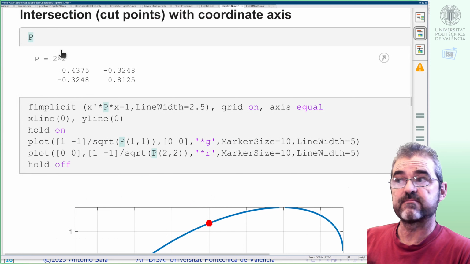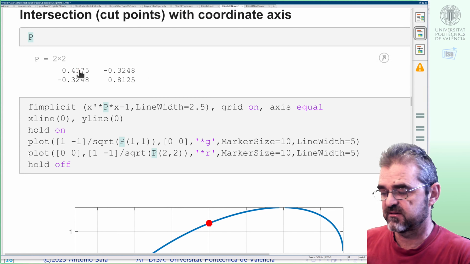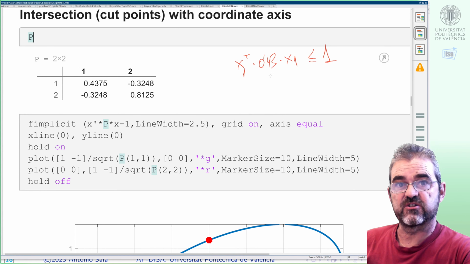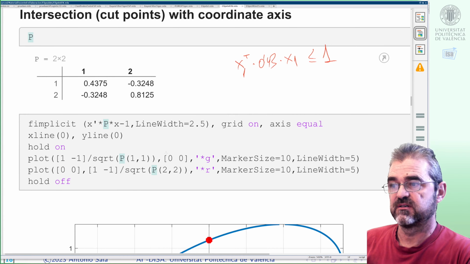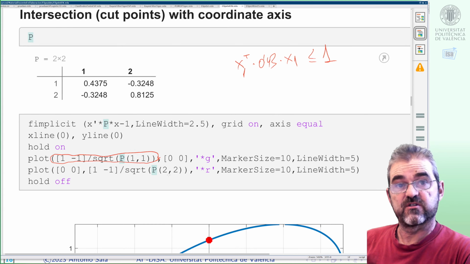Indeed, if we go to Matlab, if I have this P, then P11 will be inversely proportional to the square radius, which in 1D is just the half width of an interval. So this is why I plot the inverse square root of that thing, positive and negative.